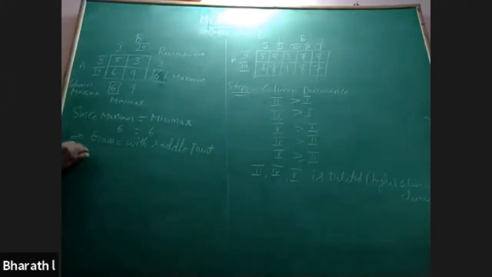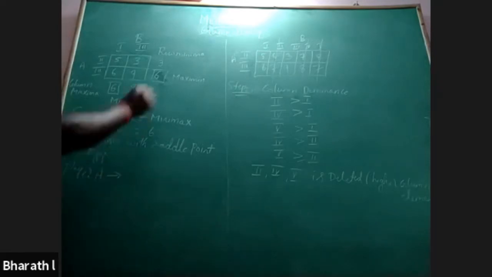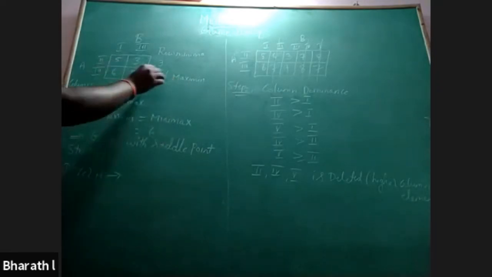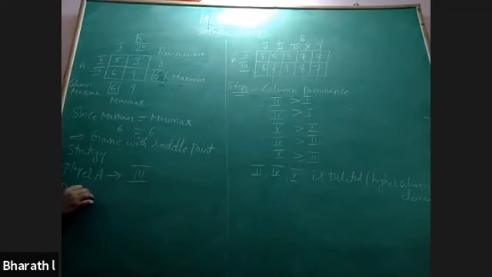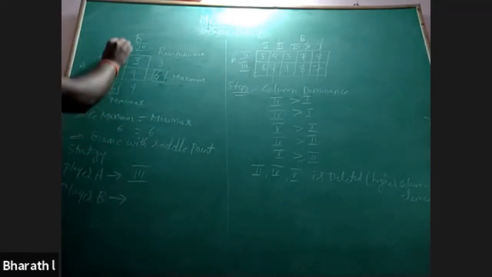Therefore, the strategy for player A corresponds to the maximin value. The strategy is 3. Similarly for player B, this corresponds to the minimax value.